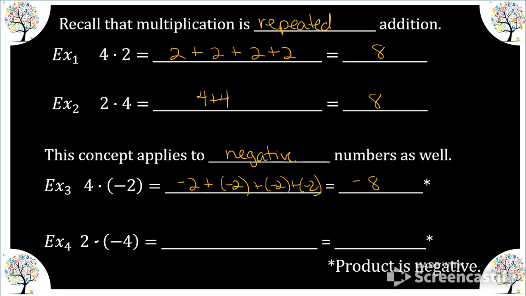Or we could say 2 times negative 4, so we have 2 negative 4's being added together. Signs are the same, we are adding, and we get negative 8. So you can see 4 times negative 2 is negative 8, and 2 times negative 4 is negative 8.